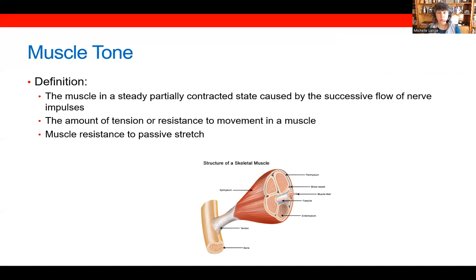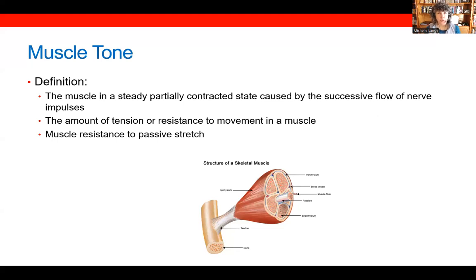So, for example, you're readily able to keep your jaw closed without even thinking about it. There's a certain amount of tone in those muscles around your jaw that ensures that your jaw stays in a closed position and doesn't just hang down.